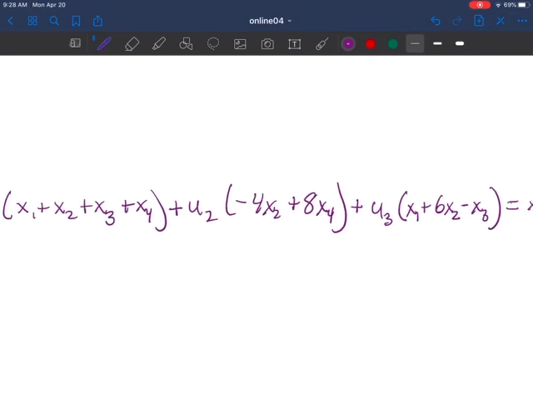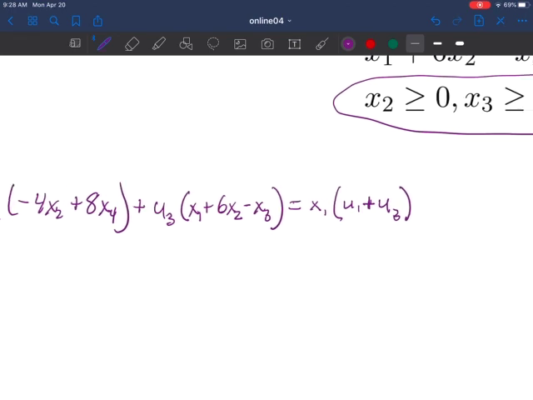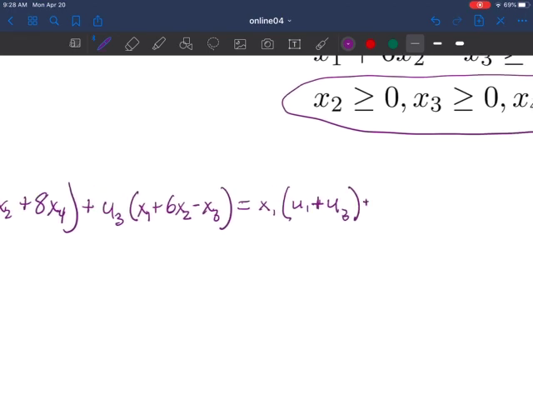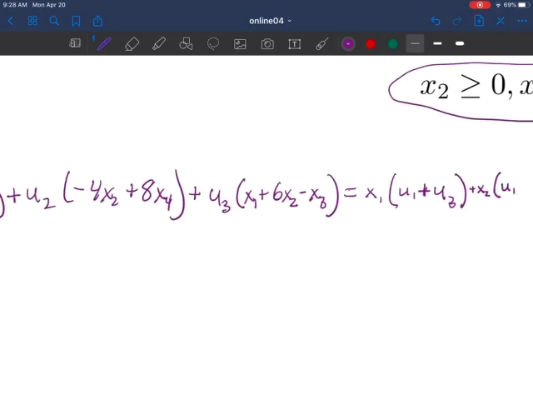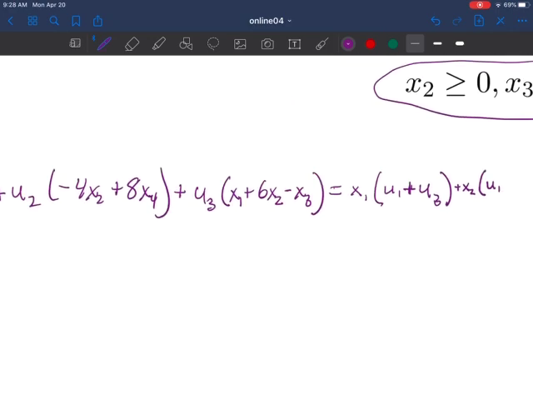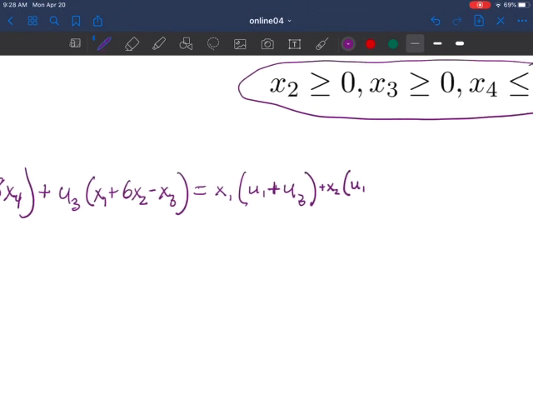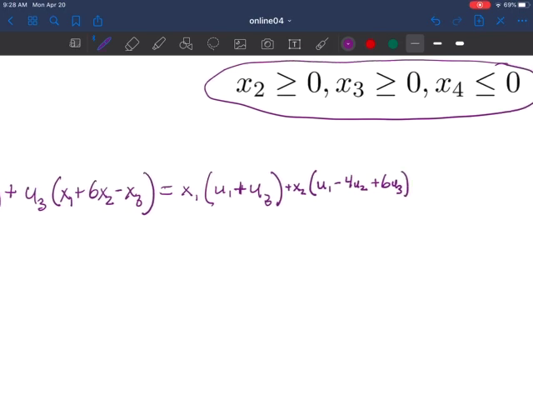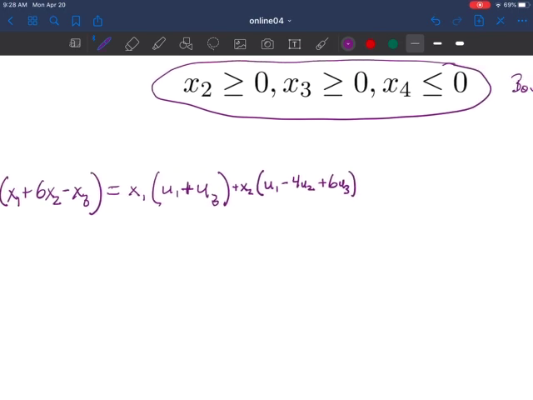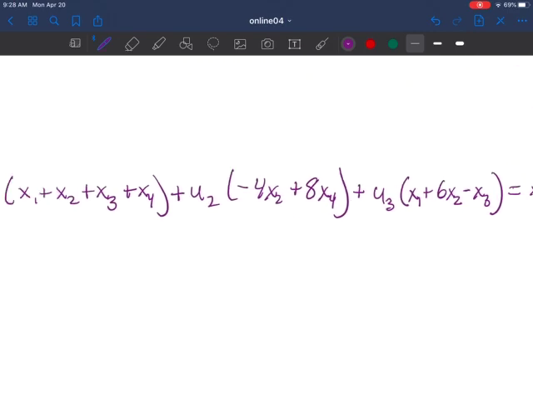I'm going to write this bigger so I can be neater. Then the x2 has a u1, it has a u2, and a u3, so it'll be x2 times u1, but the coefficient in the u2 equation is -4, so it's -4 u2, and in the u3 it's a 6, so it's +6 u3.